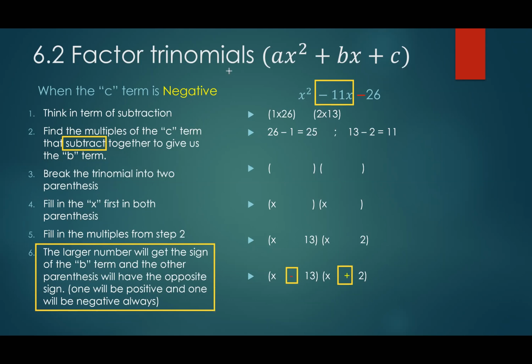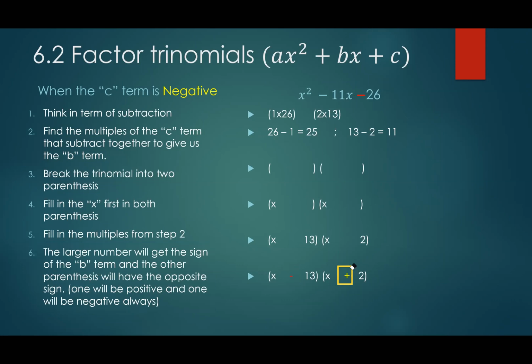Okay, so that is the difference, if you think in terms of addition or you think in terms of subtraction. Remember, if you think in terms of addition, they will have the same sign. They will be both positive or they will be both negative. If you think in terms of subtraction, one of them will be positive, the other one will be negative. The larger number will get the sign of the B term.